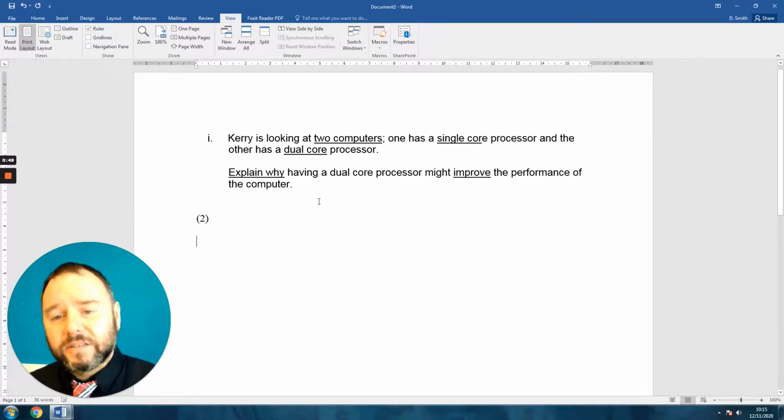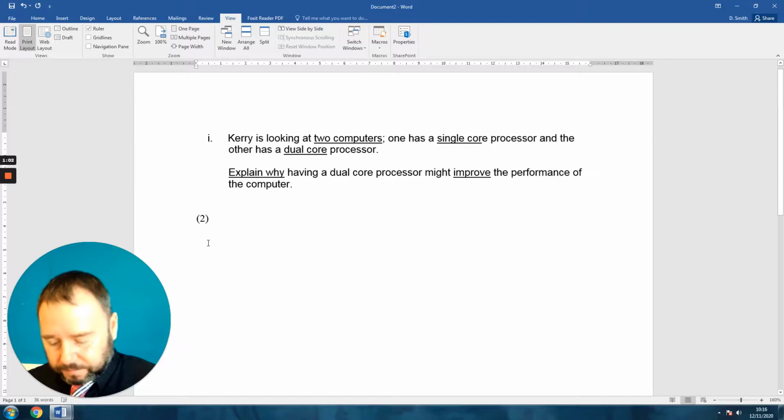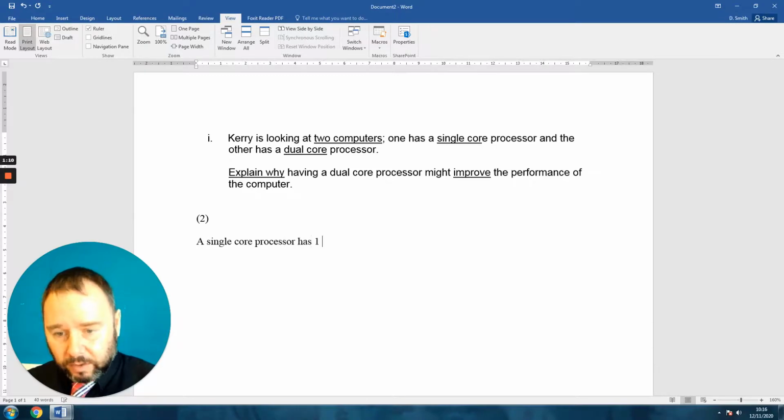Alright, so this is how we need to answer the question. First of all, the question doesn't tell us what a single core and a dual core processor is. So if we explain what they are, we are already halfway towards answering the question. So we would say a single core processor has 1 processor, a dual core has 2 processors.